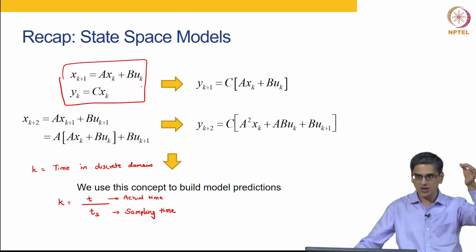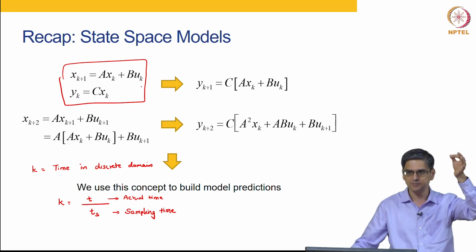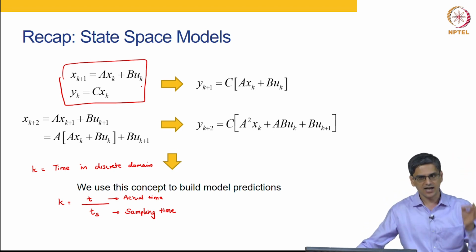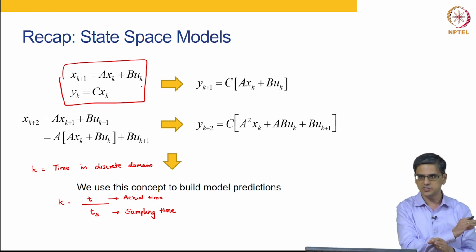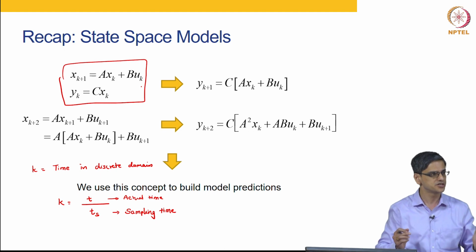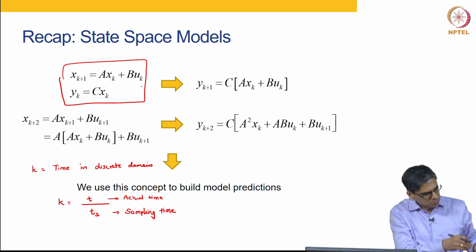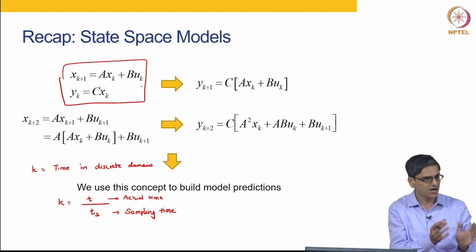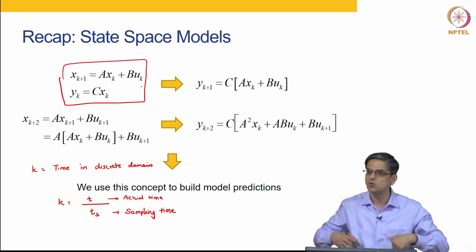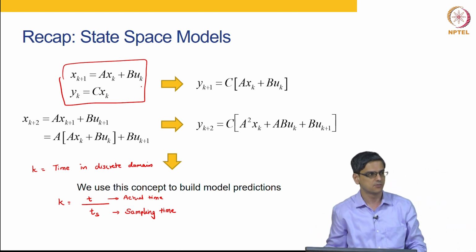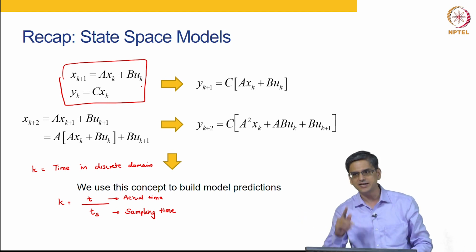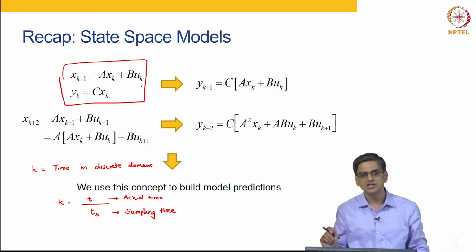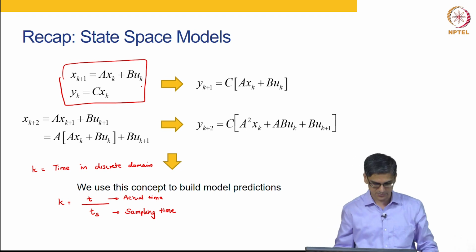So when y is measured or when x has happened, whatever u change has happened, x has not had an opportunity to see it. It would have seen it maybe a femtosecond later, but in a discrete time context it will only come after some amount of time. And how much is that time? If there is no time delay, then exactly one sampling interval, if there is time delay, then multiple sampling intervals.